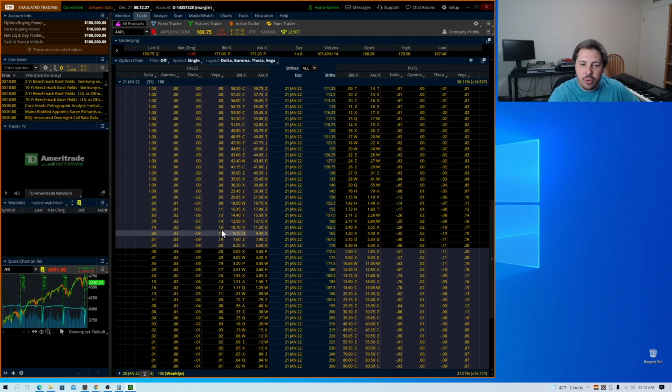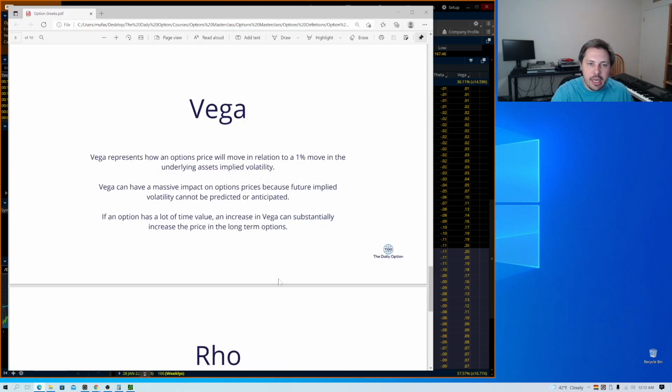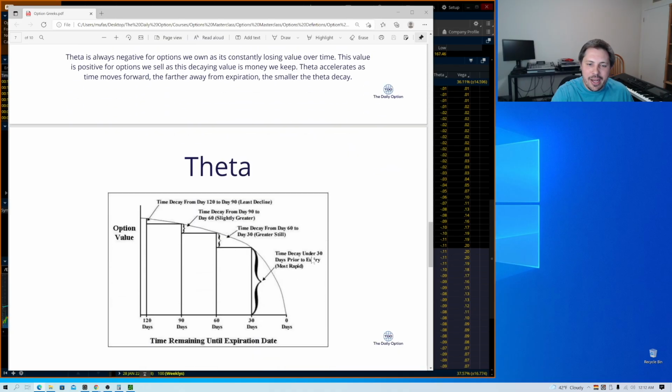Okay, so just understand that delta, gamma, theta, vega, these are important metrics that we can use to not only select options that we buy, but information that we can use to make adjustments, change things when things don't go our way, and especially this theta, right?